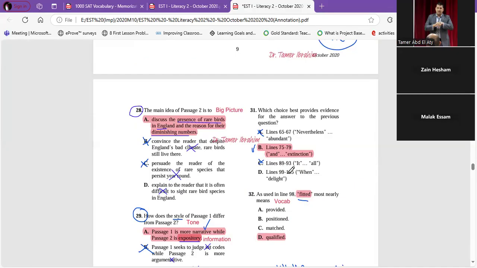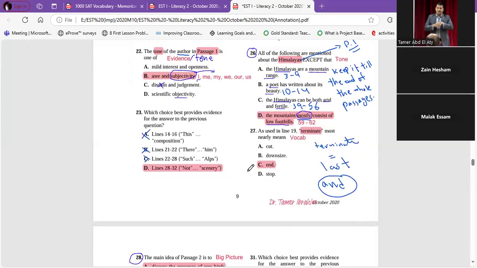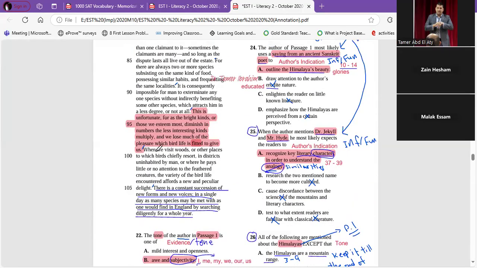From 99 till 105. Okay, till here: when we visit other places to which birds chiefly resort, in districts uninhabited by man, so it's not populated, where he pays little or no attention to the feathered creatures, the variety of the bird life encountered affords a new and peculiar delight.